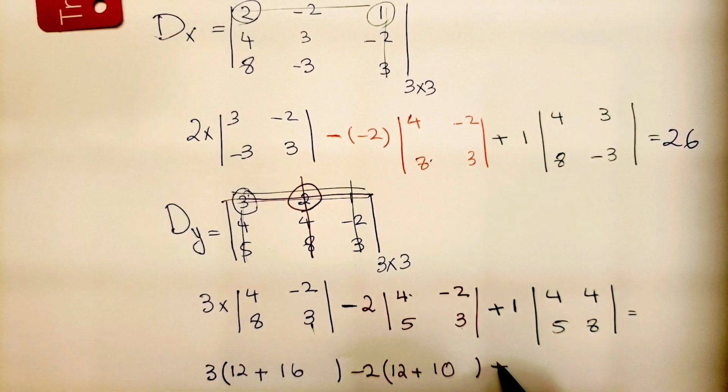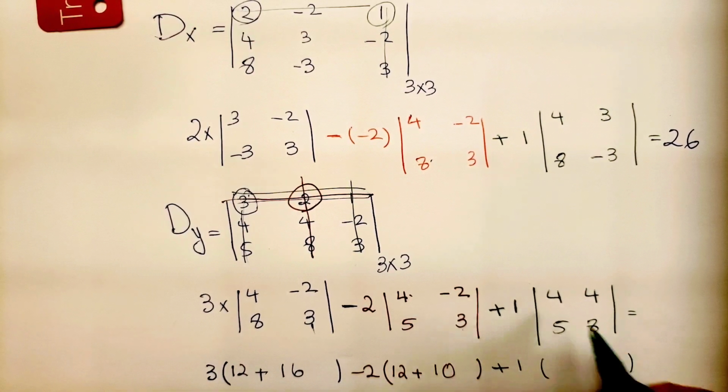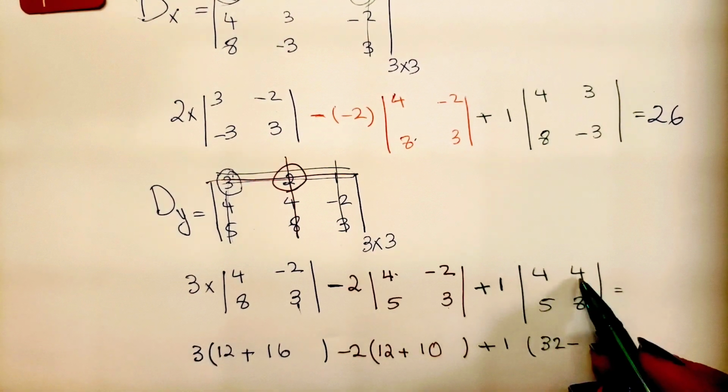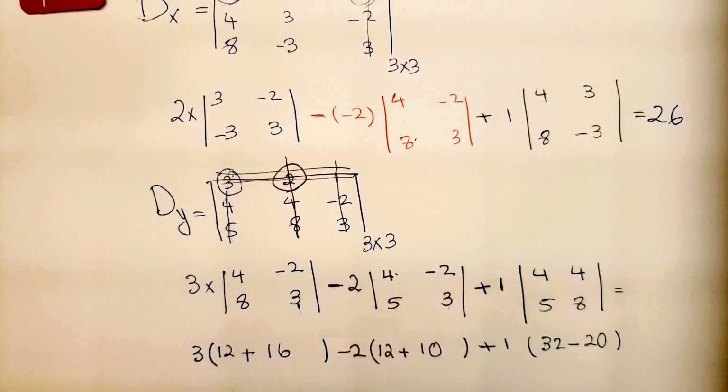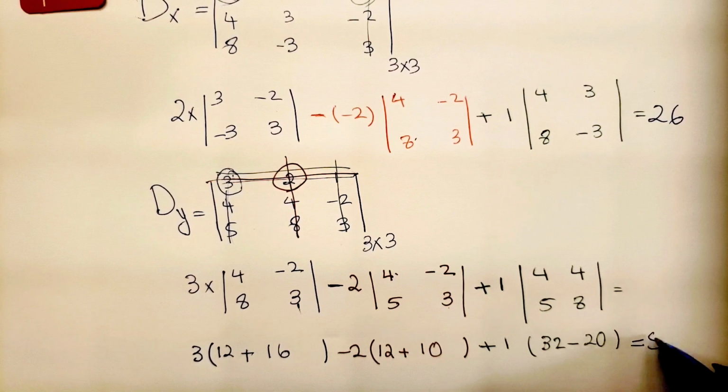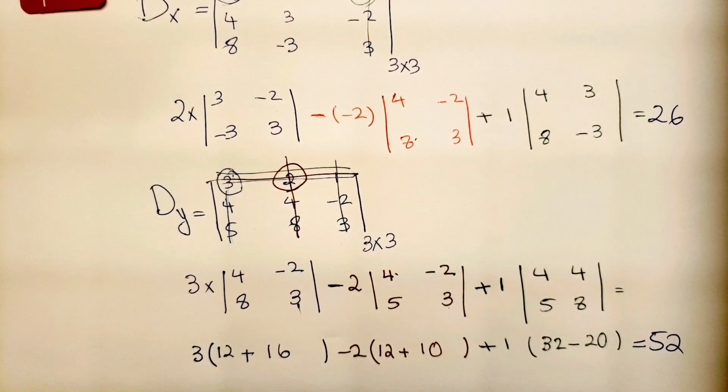So here the third one would be 4 times 8, which is 32 minus 20. Okay, if I do this calculation and simplify, the final answer would be 52.